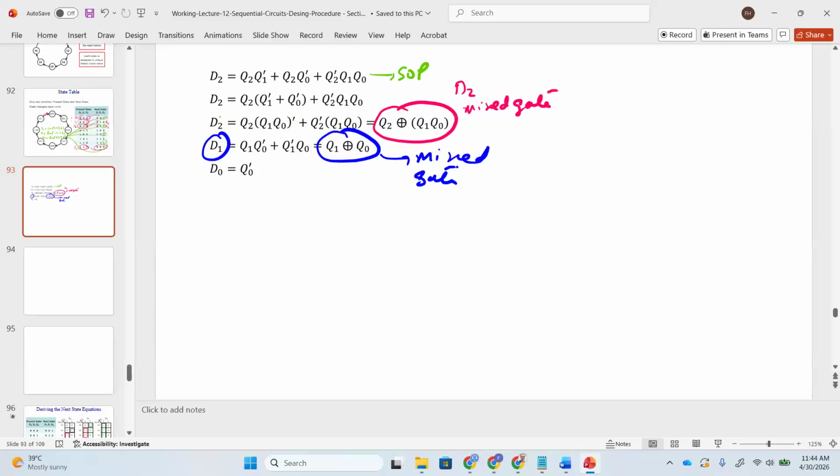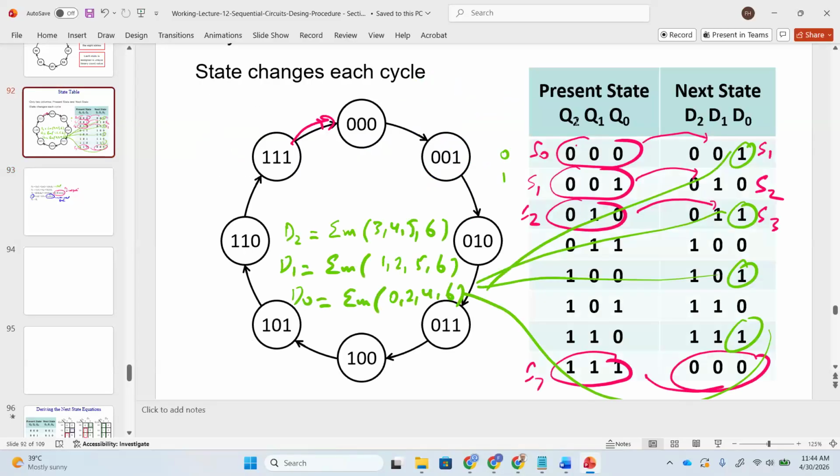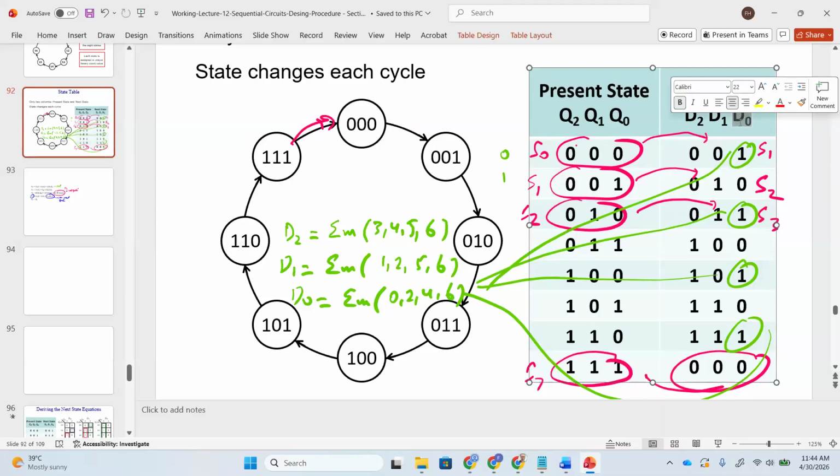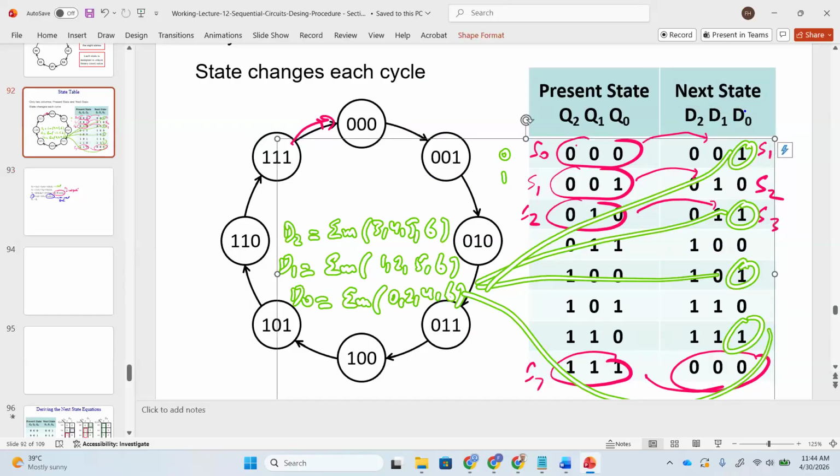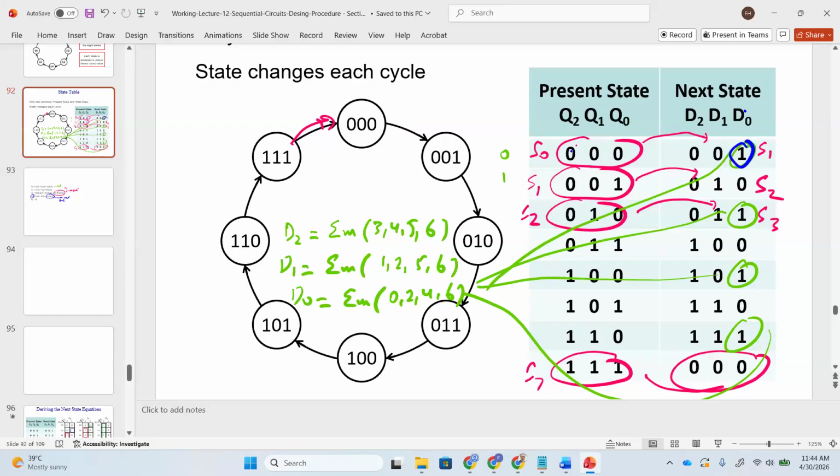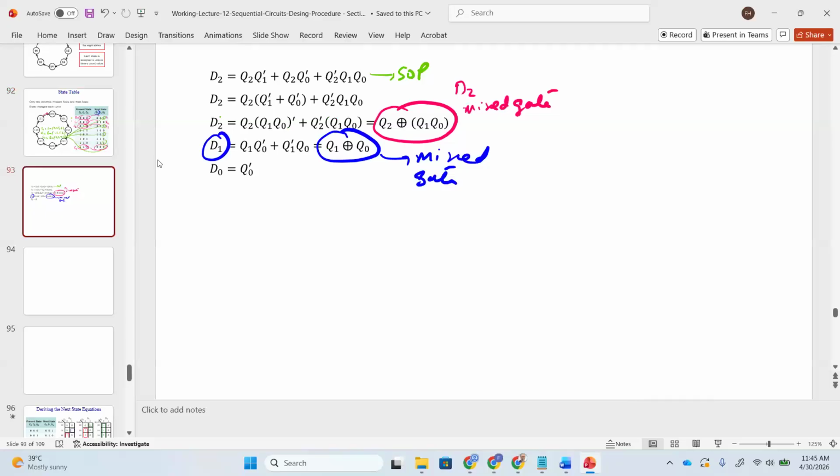Clear. And now please look at here. What is D0? How do we derive D0? D0 is actually the inverse of Q0. Sorry, D0 is Q0 bar.